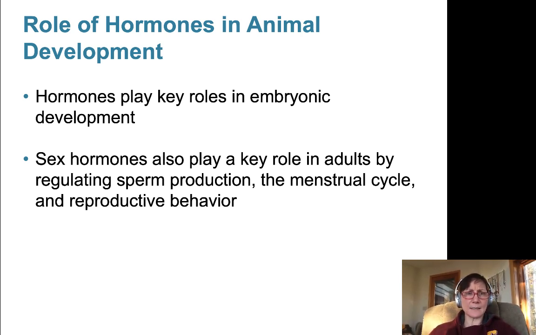But to simplify it here, hormones play key roles in embryonic development, as you know, and there are a lot of embryonic stages. So you have hormones assisting in the growth throughout that process. So in particular, sex hormones play a key role in adults by regulating sperm production, the menstrual cycle, and reproductive behavior. So it's all about reproduction.